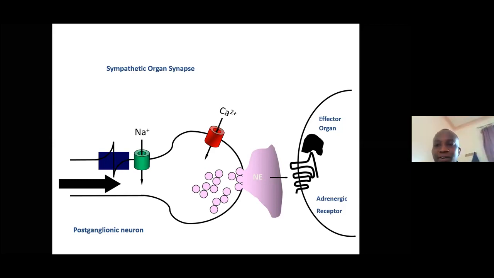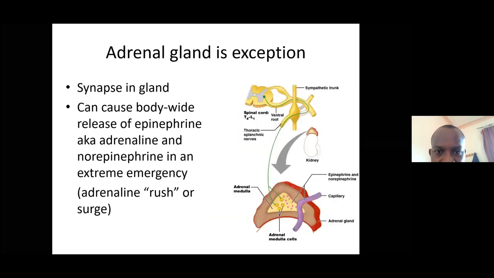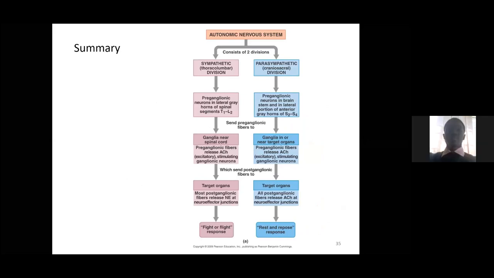Those are working on nicotinic receptors, preganglionic. Autonomic nervous system drugs are working on postganglionic receptors. I've already talked about the adrenal gland being the only exception. This is just a summary of what we've already talked about.